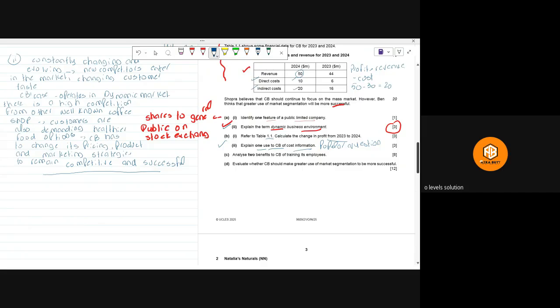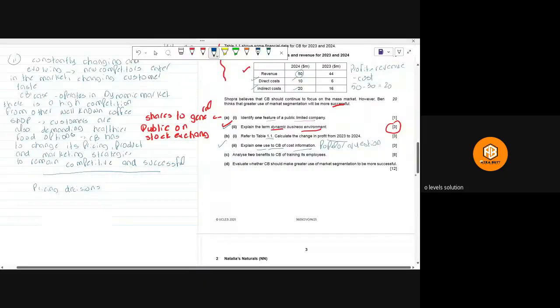So why is the cost information important? Basically, one important use of cost information is for pricing decisions. If we don't know what the cost for producing the coffee is, how will we be able to know what price we should select?